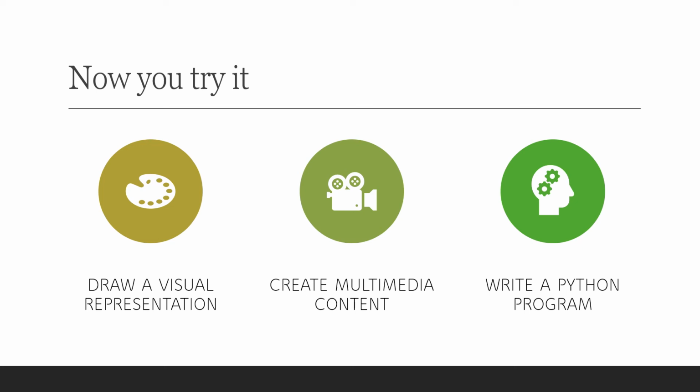If you are more ambitious and you want a more challenging task that is not programming, or as well as the programming, create some multimedia content. For example, an animation with a voiceover, a video, a PowerPoint with animation. And finally, see if you can write a Python program to do those things that I've just shown you.